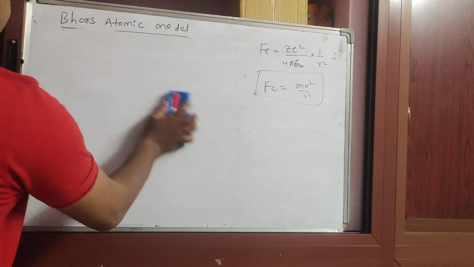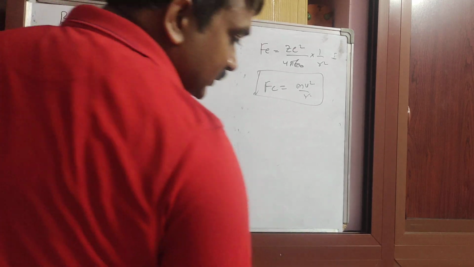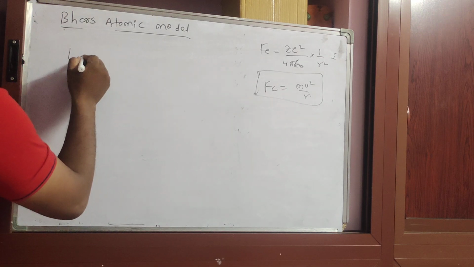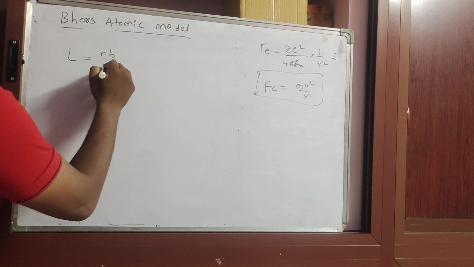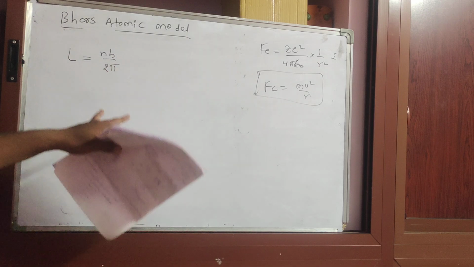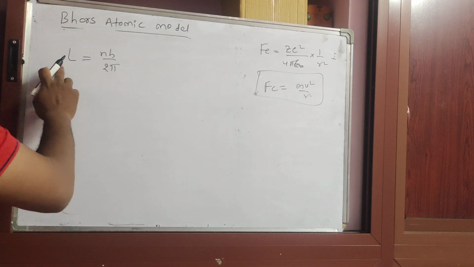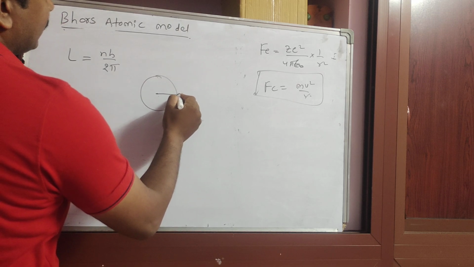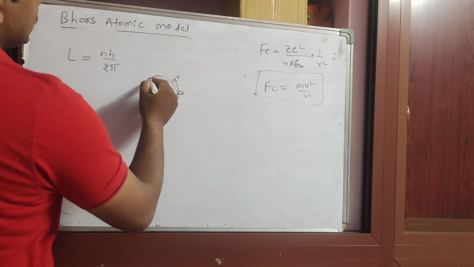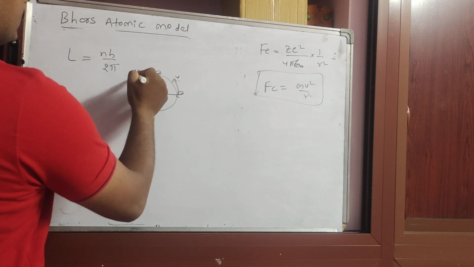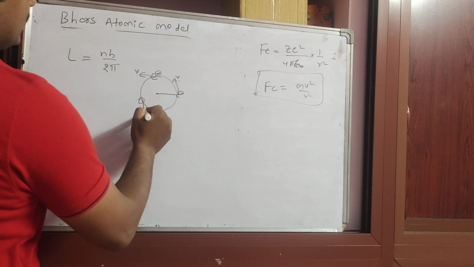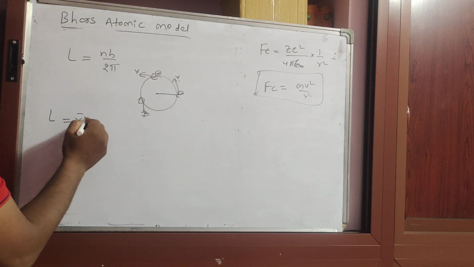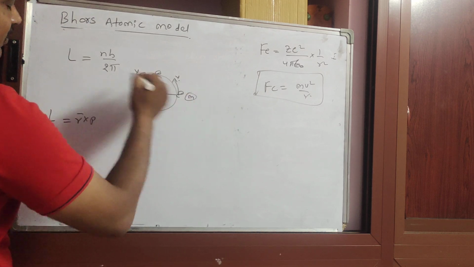Next, I have also told that the angular momentum L is equal to an integral multiple of nh by 2 pi. Before this I told one of the conditions. Take an electron moving with a velocity like this, where velocity is a vector quantity. In physics, angular momentum L is equal to r cross p. The electron also has some amount of mass.